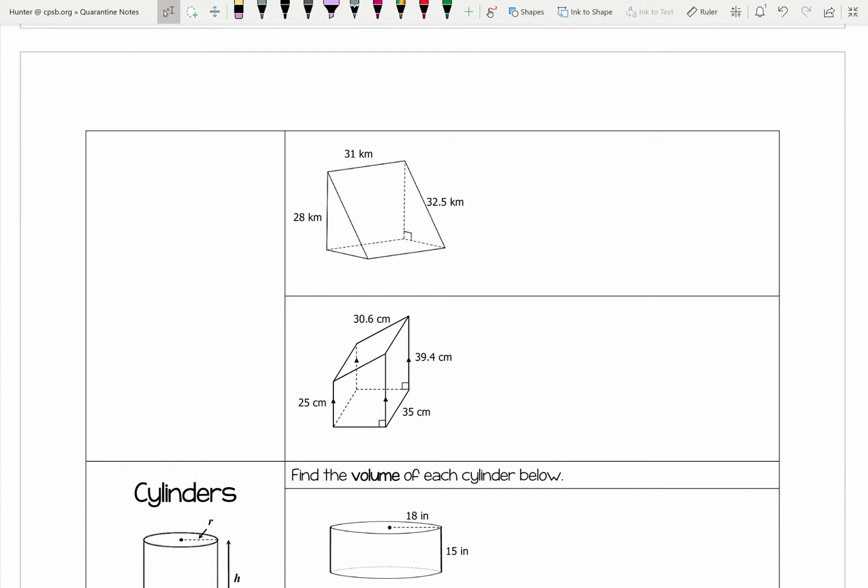So for this next one, I'm not going to work it out. It's just another triangular prism one, but I will tell you how to get through it. You've got two triangle bases, but notice that you only are given two sides.